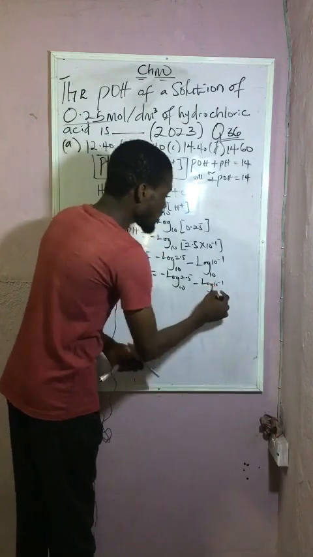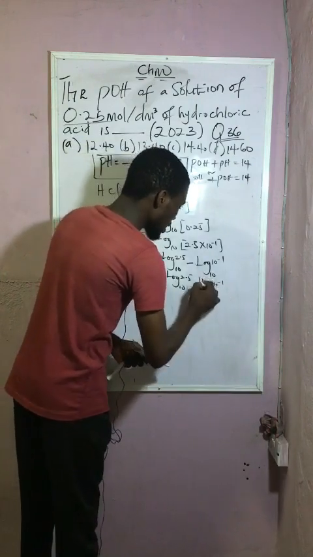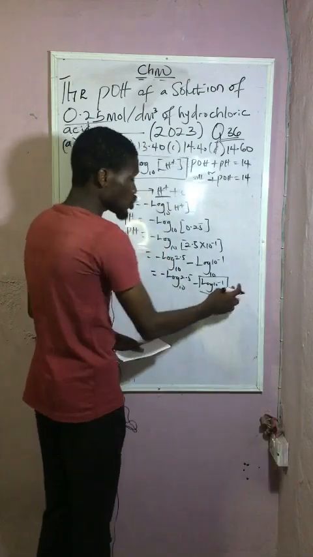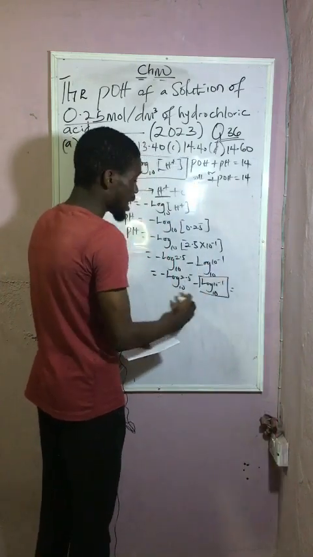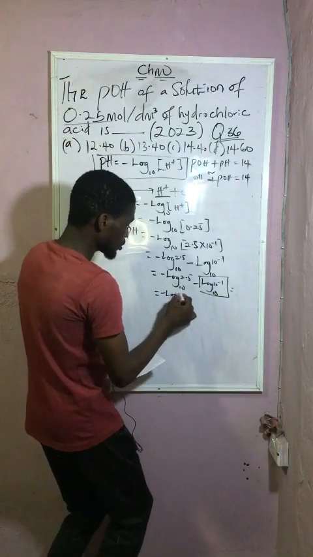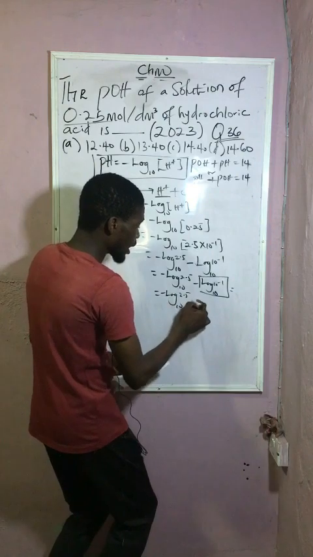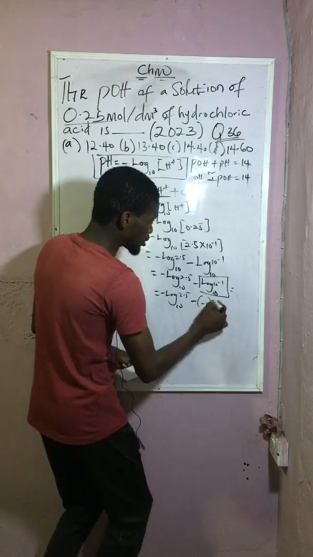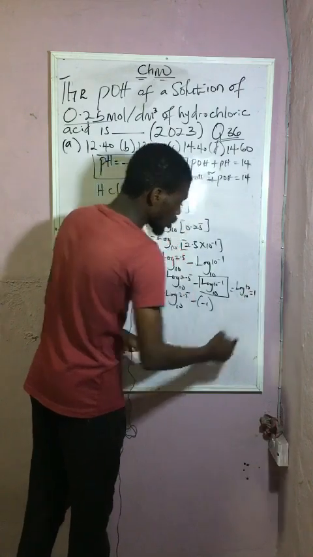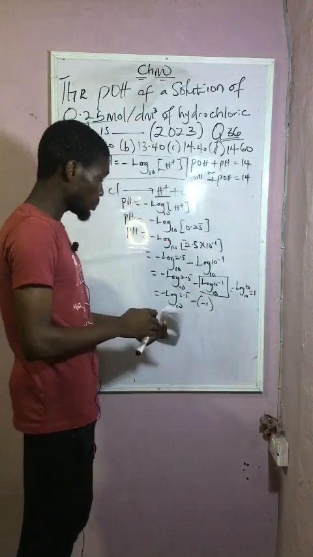If we are to do this mathematically, don't forget that in mathematics you drop the power to the front, and when you do that you'll have minus log 2.5 base 10 minus, open the brackets, minus 1, and log 10 base 10 is equal to what? 1. So you don't have to repeat that anymore.